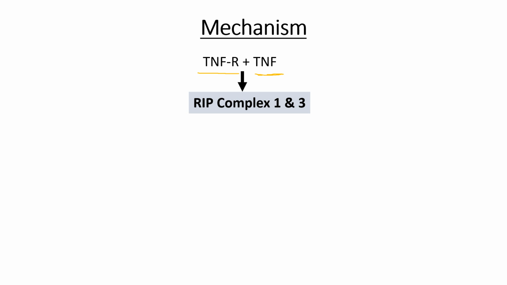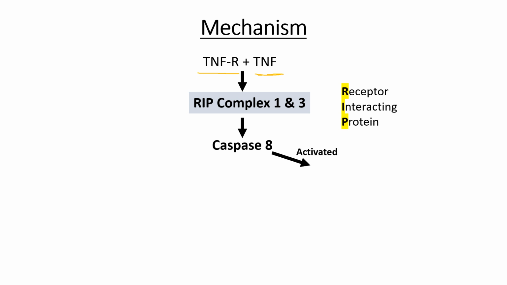What do you understand by this RIP? It is nothing but receptor interacting protein. Now these receptor interacting proteins will act upon caspase 8 and activate it. And if caspase 8 is activated, it will cause apoptosis.